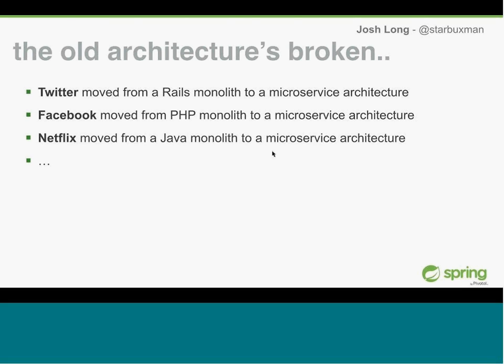Facebook, on the other hand, were keen on doubling down on their mistakes, so they took PHP and recreated it so that they could build this platform with a runtime that kind of looks like the JVM. Netflix, of course, moved from a giant monolithic application to a suite of microservices.